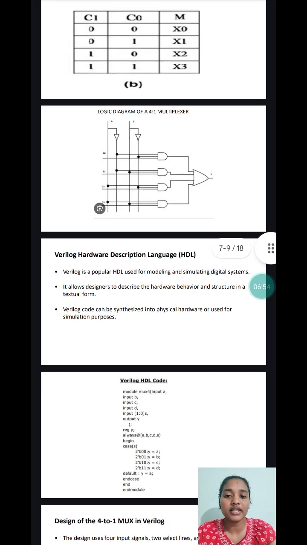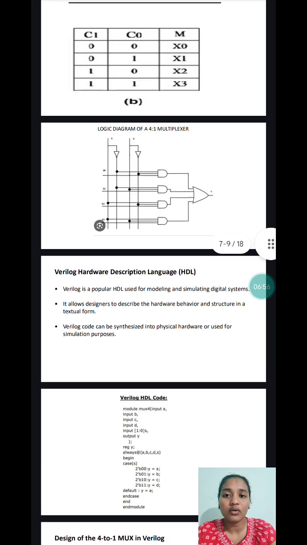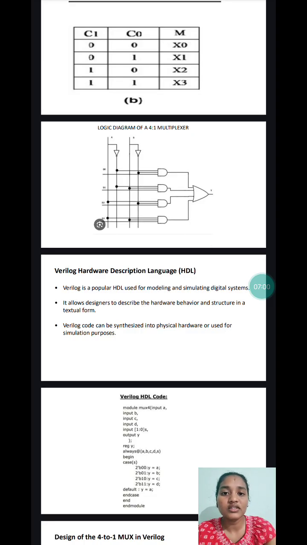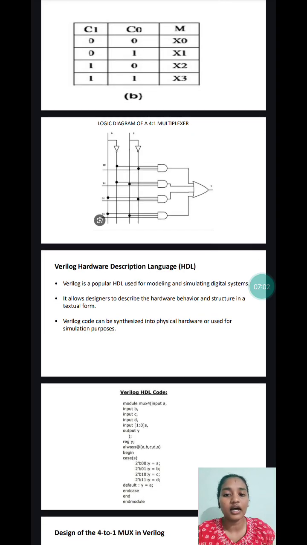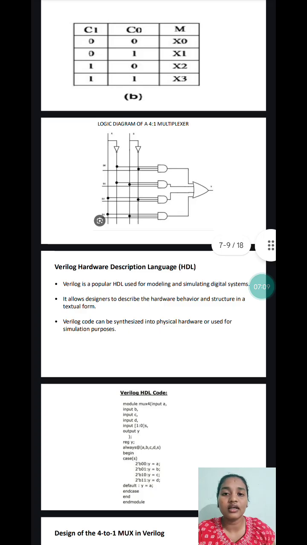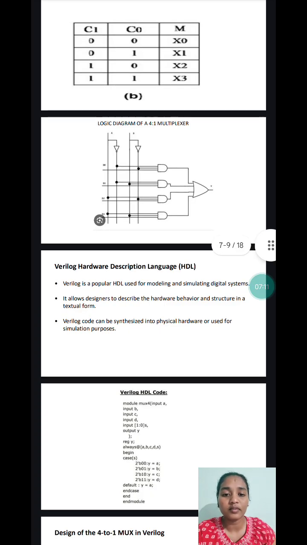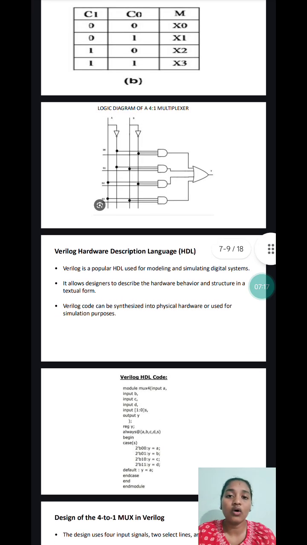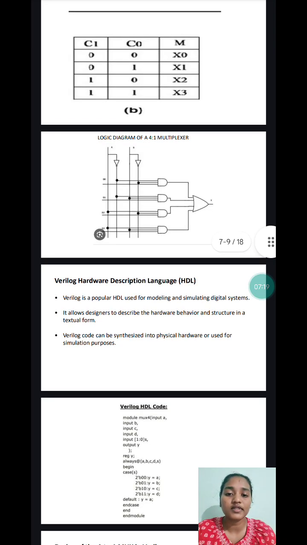It also forms an AND gate. For 1 0, C1 is 1, C0 is 0, and x2 is the output. It also forms an AND gate. For C1 is 1, C0 is 1, x3 is the output. It also forms an AND gate, and all of these together form the OR gate. It means they are all combined by the addition, and addition means an OR gate.